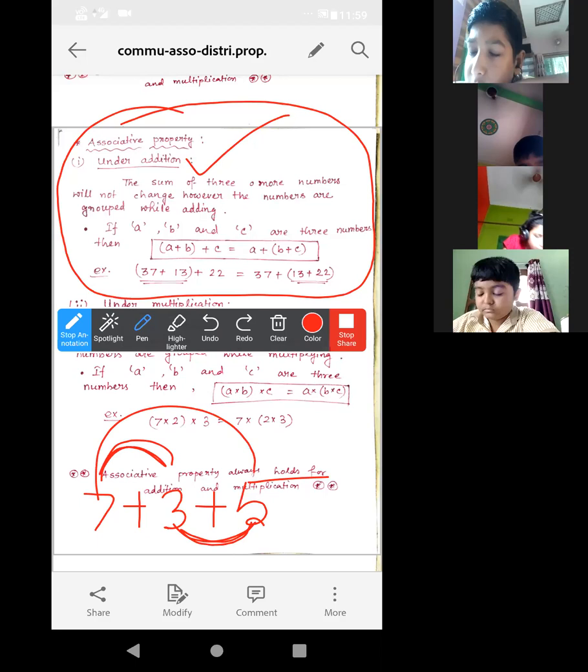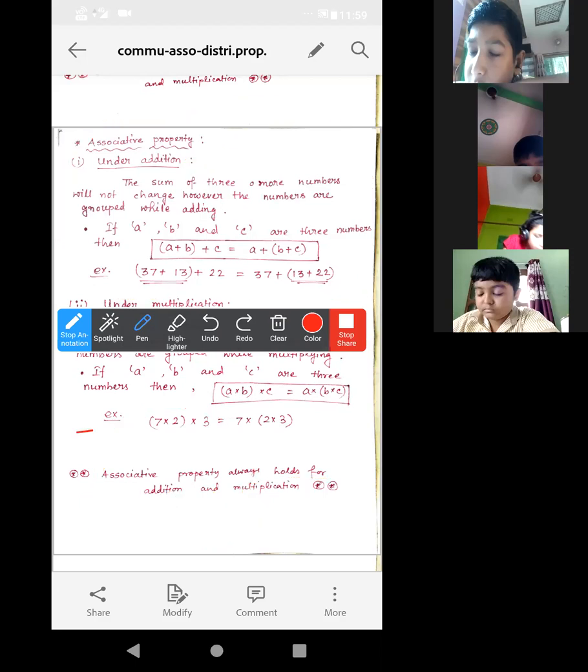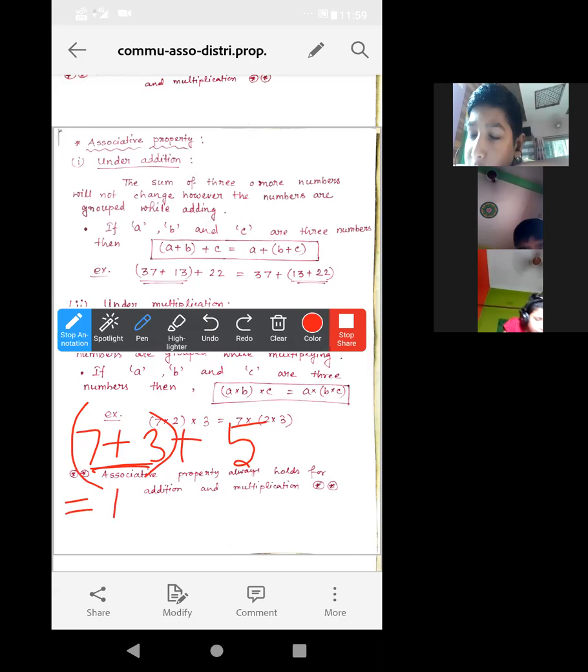Now let me explain. Look, I am taking 7 plus 3 plus 5. It doesn't matter in which order we are adding. This is associative property. Suppose we are adding the first two numbers first. So 7 plus 3 is 10, plus this 5.